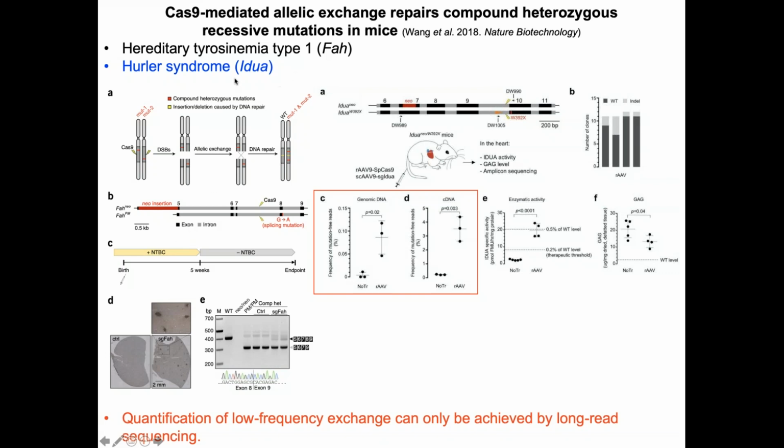So for genes such as FAH, which is the tyrosinemia type 1 gene, predominantly seen in the liver, we can easily probe whether these allelic exchange events have resulted from Cas9-mediated gene editing by just standard PCR and by histology.